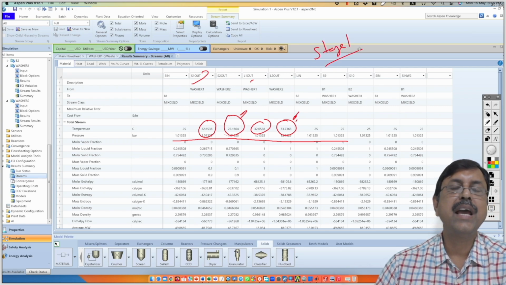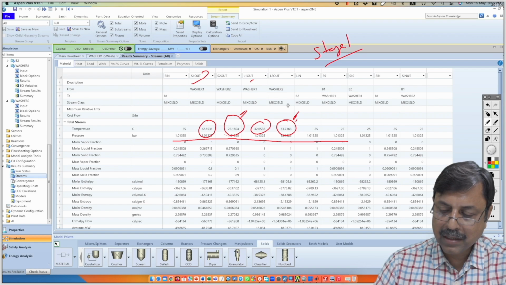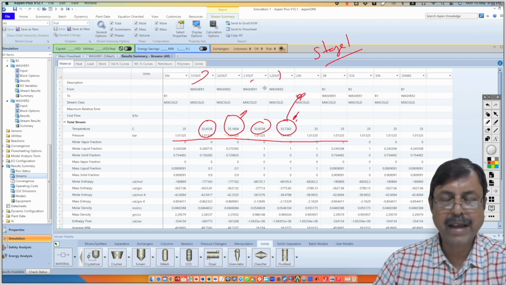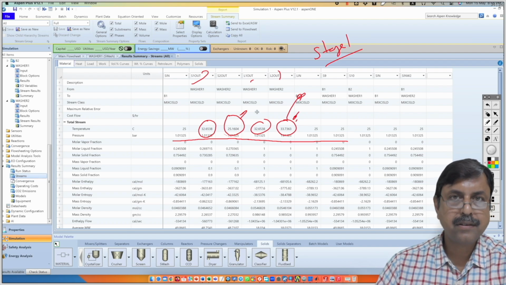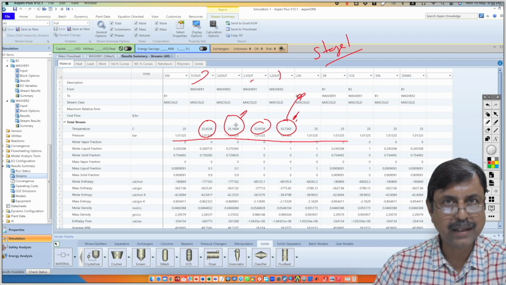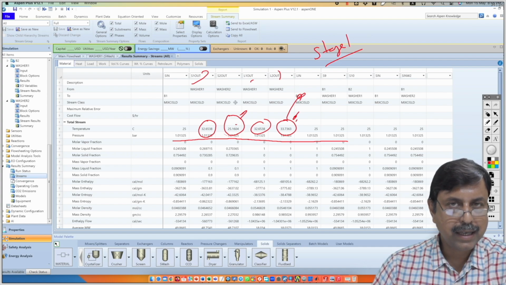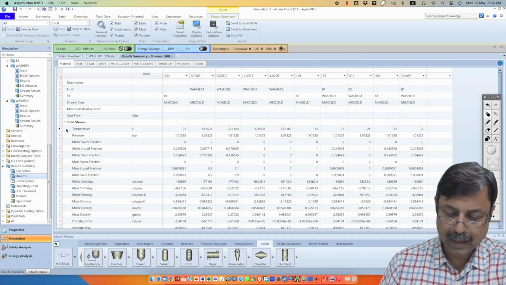Okay, so we have given the entire 10 kilowatt of heat in stage 1 itself. So the temperature of L2 out has risen to 33.7363 degrees centigrade. On the other hand, stage 2 and stage 3 have not got much share of the heat, so their temperature is quite less. I mean, we have not checked the temperature of S2. That you can always check in the stage profile temperature.